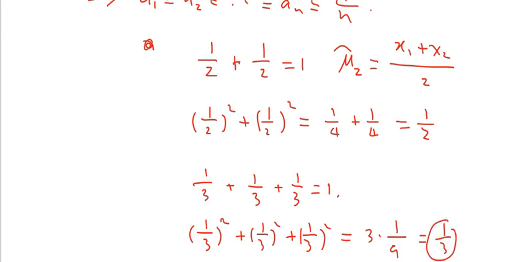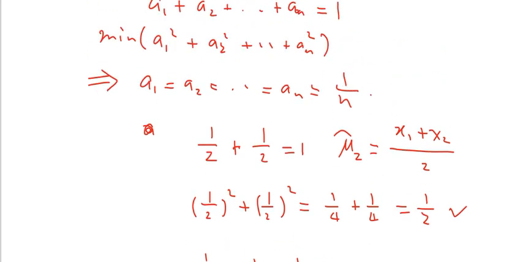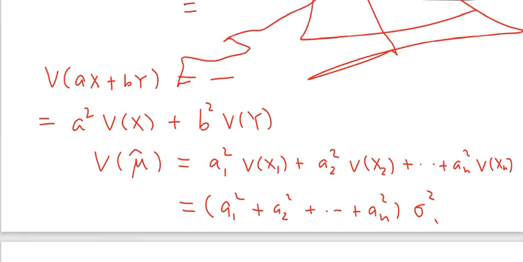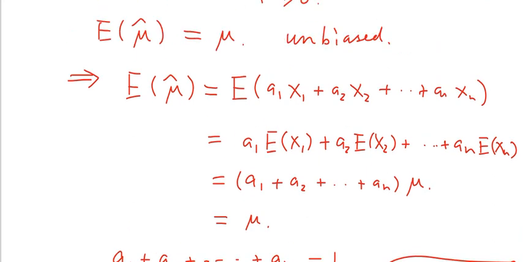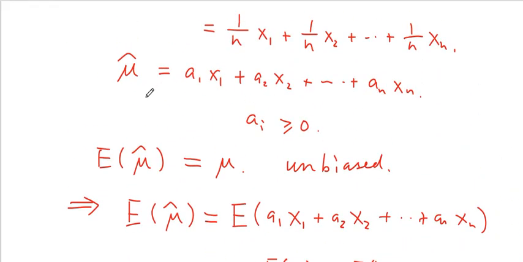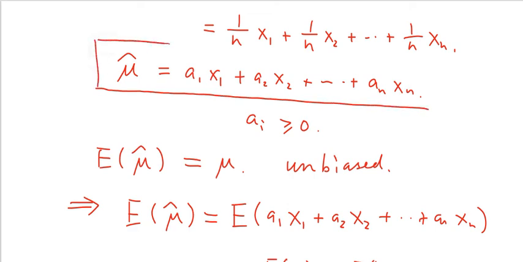So 1 over 3 is smaller than 1 over 2, right? So if this estimate is a linear combination just like that, then a1, a2, an equal to 1 over n is best.